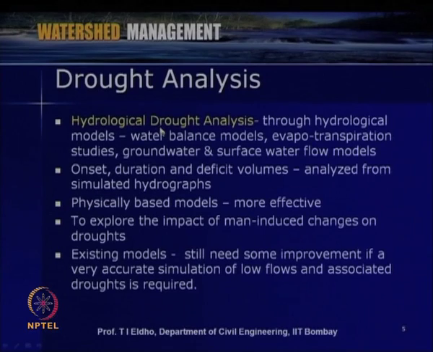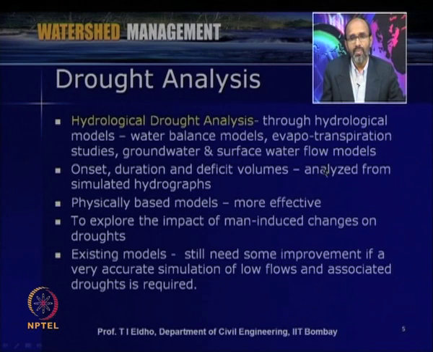When we are trying to quantify or analyze the drought, it is generally much easier to analyze in terms of the hydrological parameters. So, we can choose the hydrological drought analysis through hydrological models. Generally we can use one or another kind of hydrological models like water balance models, evapotranspiration studies, groundwater and surface water flow models.